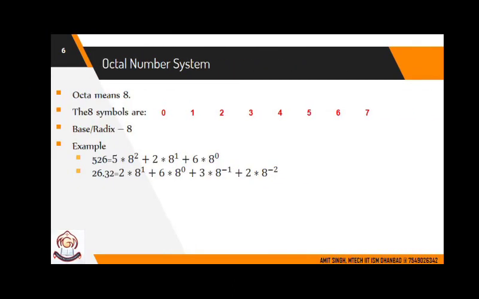Then we will move to octal number system. As the name resembles, octal, octa means 8. The 8 symbols are 0, 1, 2, 3, 4, 5, 6, and 7. As there are 8 digits or symbols in this number system, the base and radix of this number system is 8. And an example of octal number system you are seeing on the screen.